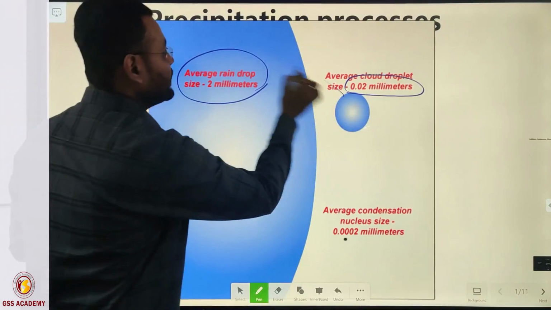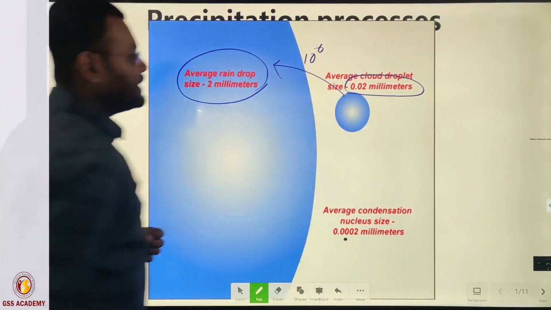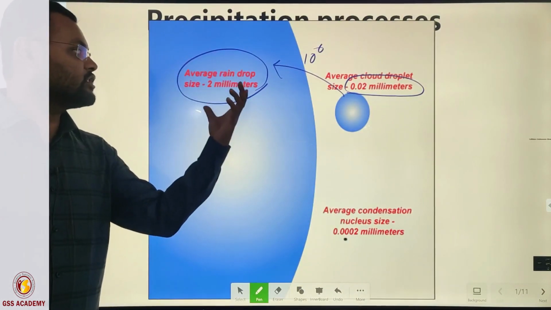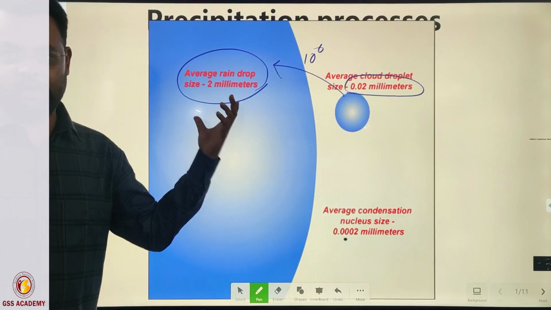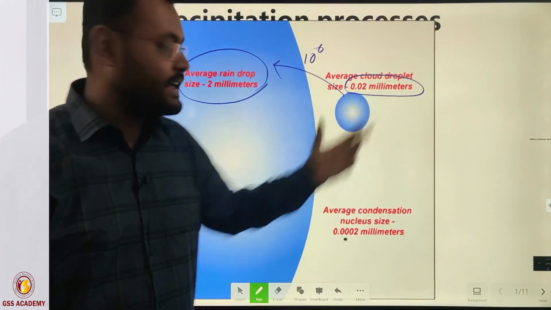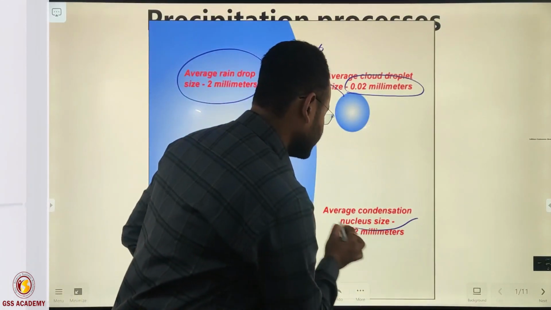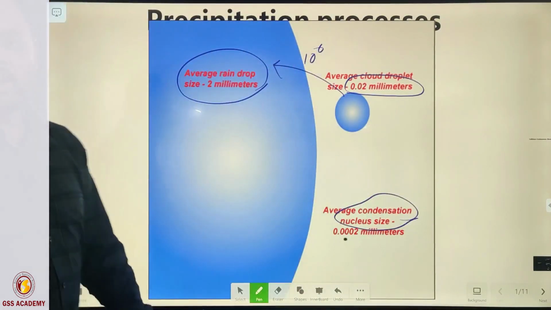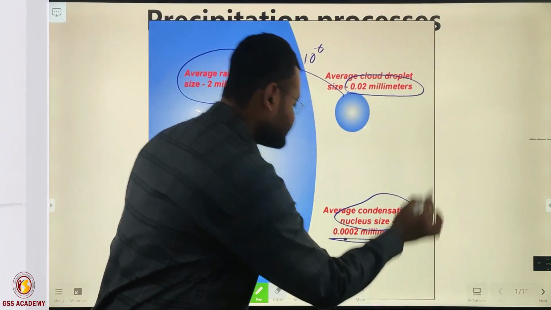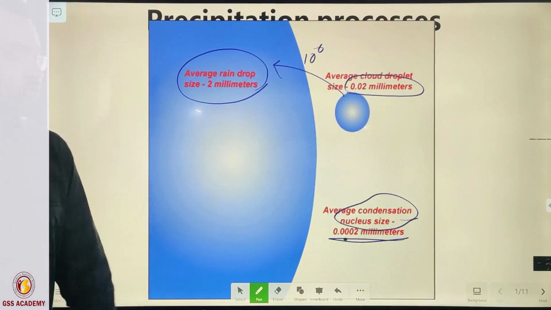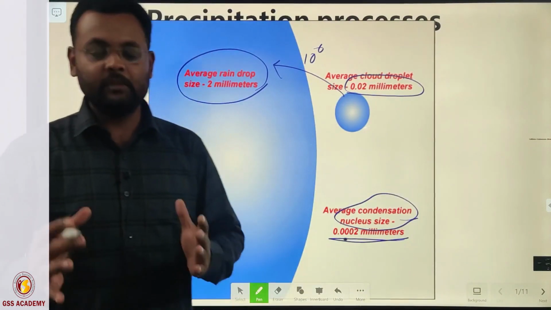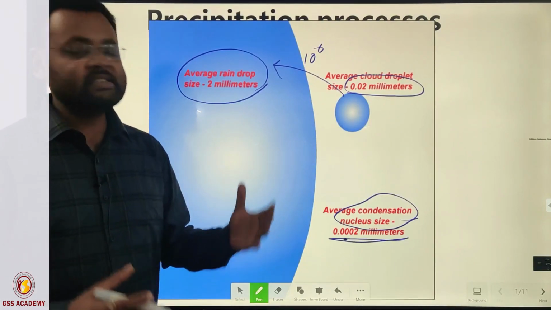That means we need 1 million cloud droplets to combine for the formation of one average size rain droplet. And we all know that this cloud droplet initially forms directly over a condensation nuclei. And the average size of this condensation nuclei is only 0.0002 millimeter.